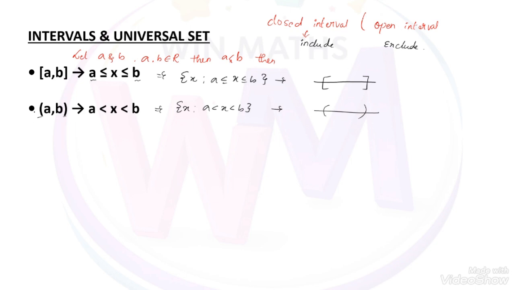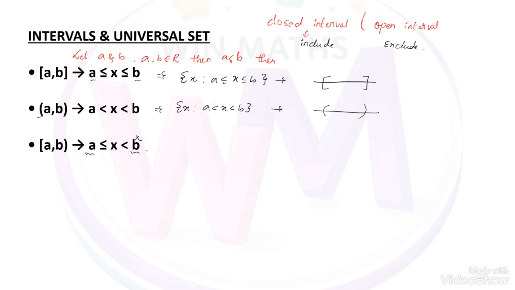Then, based on closed interval and open interval, we have the semi-closed or semi-open intervals. Semi-closed means wherever there is a less than or equal symbol, the endpoint will be included. Then it is not included where there is a strict condition.